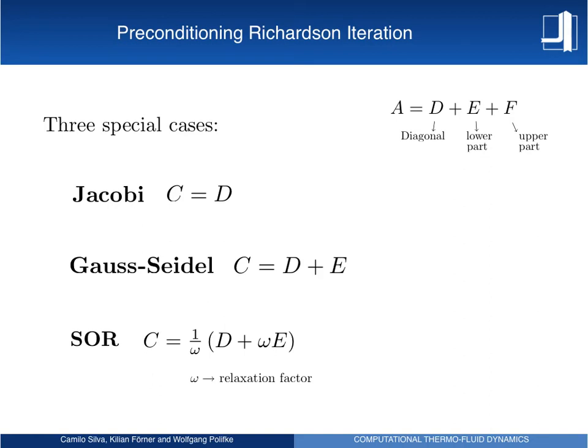Then we have Gauss-Seidel, when we consider D and the lower part of the matrix A, E. This is going to be called the Gauss-Seidel method.